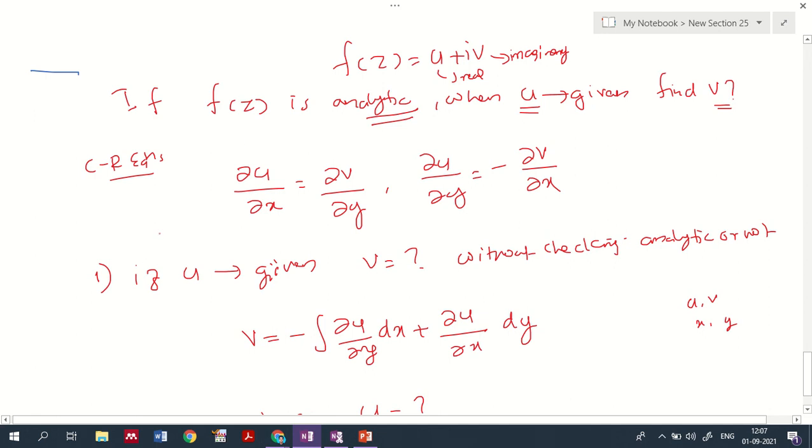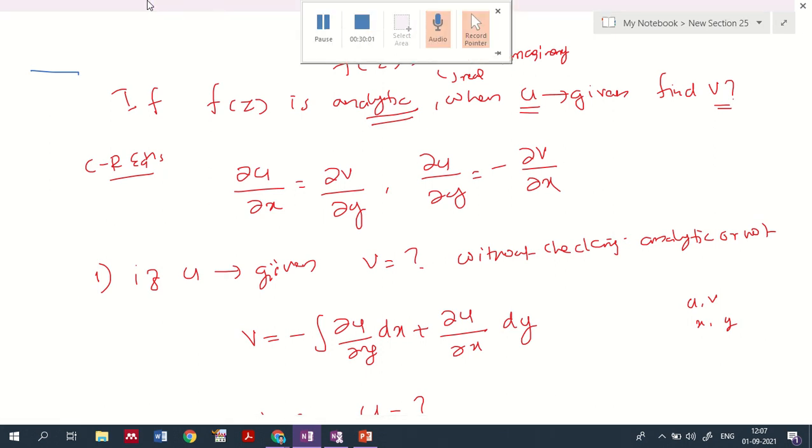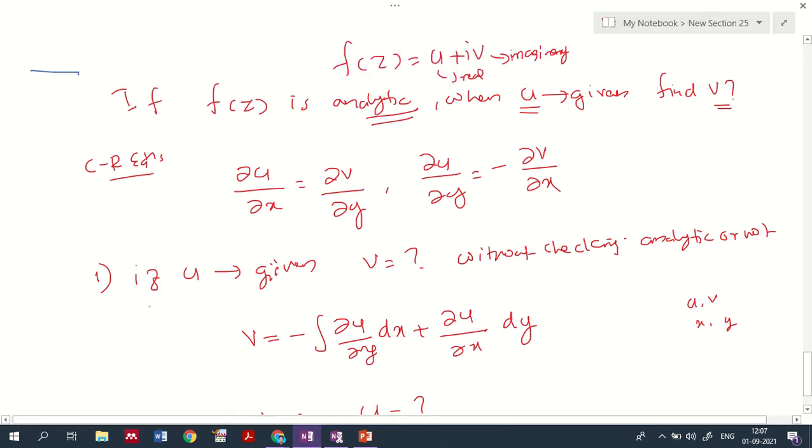Now let me take the two cases associated with that. The first one: here the real part of the function, u, is given, and we need to find the imaginary part, that is v.